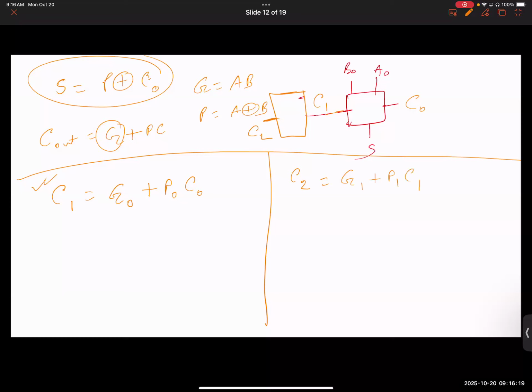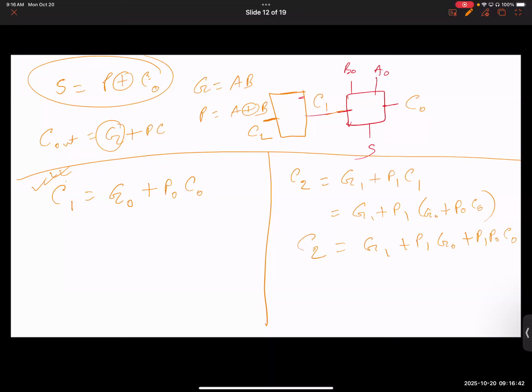Like one less, right, in terms of indexing. So in that case, can I replace C1 with what we had here before? So I'm going to do G1 plus P1 (G0 plus P0 C0), which is G1 plus P1 G0 plus P1 P0 C0.